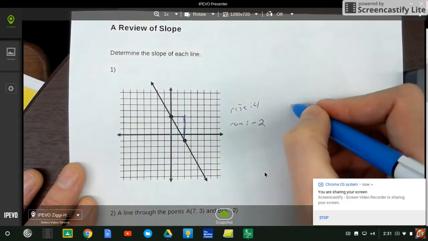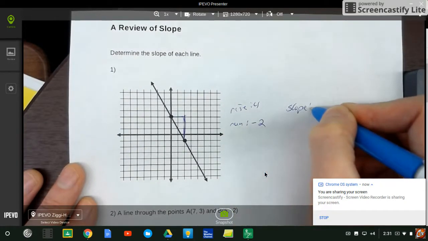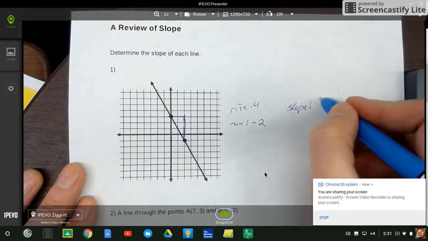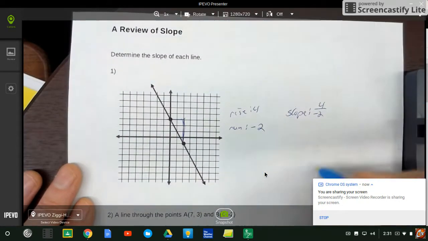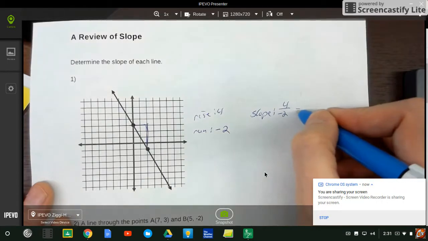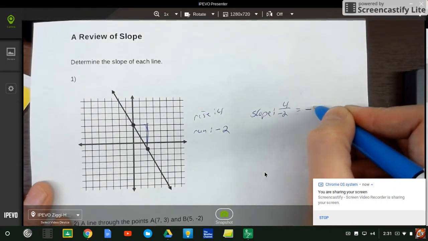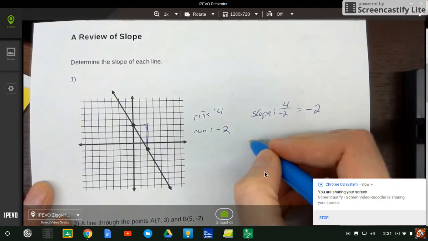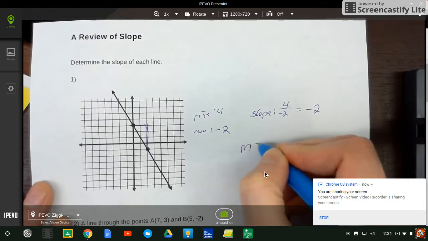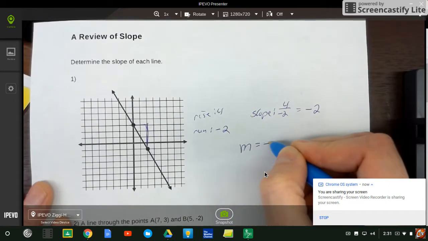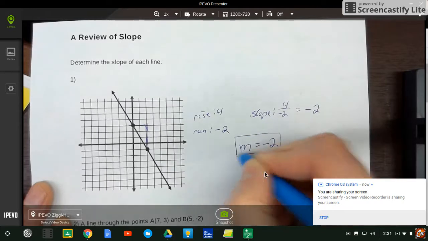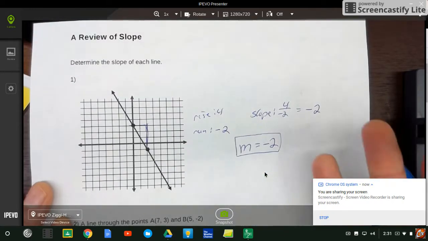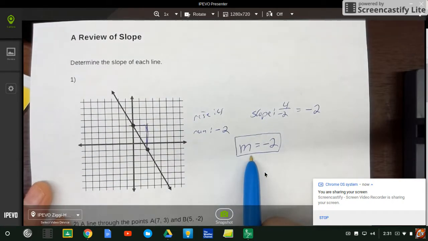So my slope is rise over run, 4 over negative 2. We always simplify. So that's actually going to simplify to a negative 2. And that's what we call our slope. By the way, slope, you may remember from your algebra class, is m. Why do they use m? I have no idea, but they've decided m is the letter for slope.